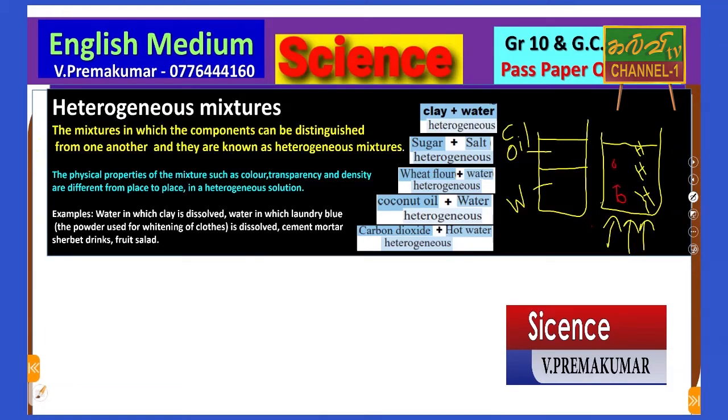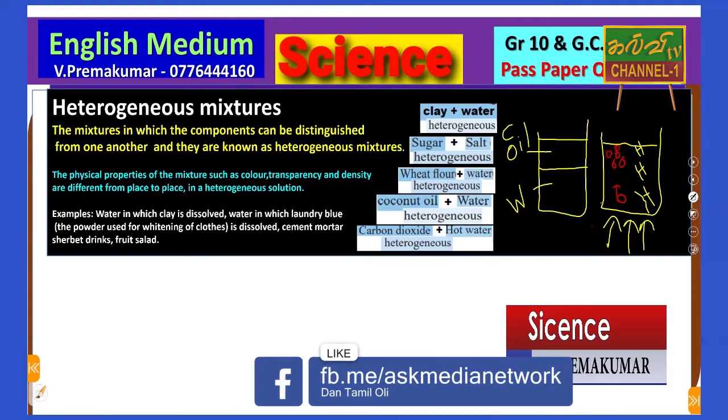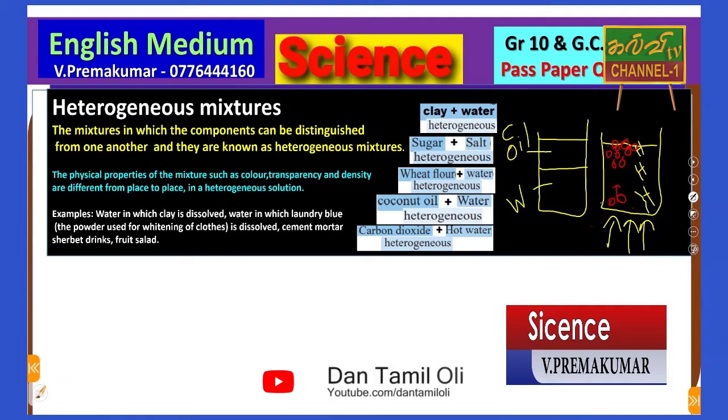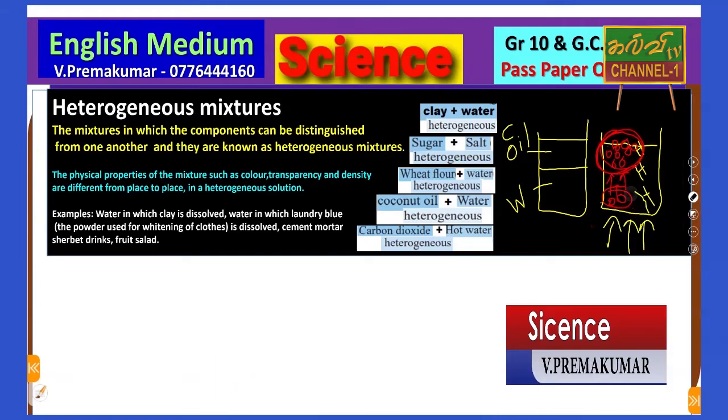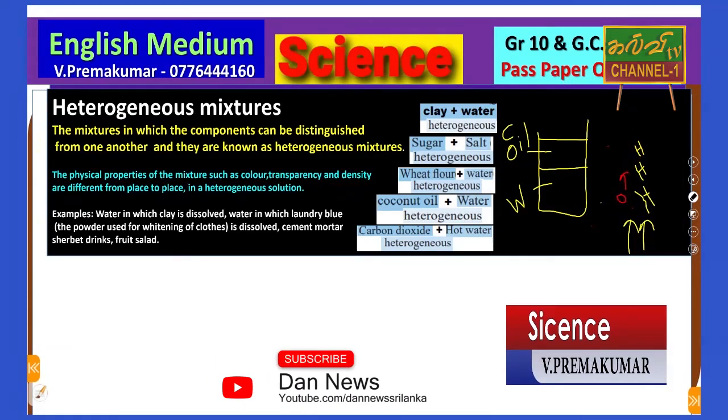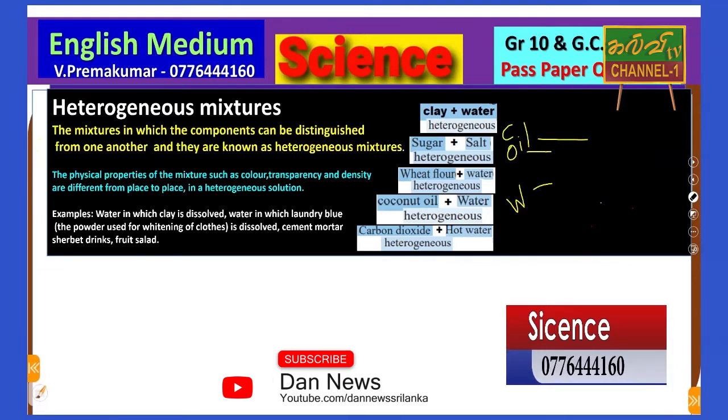Most of the carbon dioxide is available in the surface area because of the high heat. Therefore we find very concentrated carbon dioxide in this area, but here diluted carbon dioxide molecules. So now we understood that everywhere the structure is different in the heterogeneous mixture.